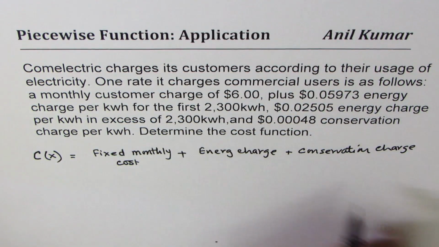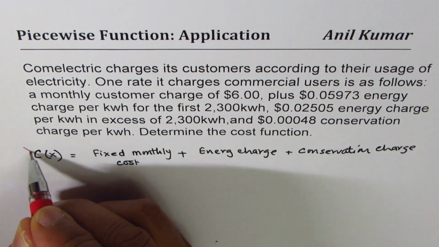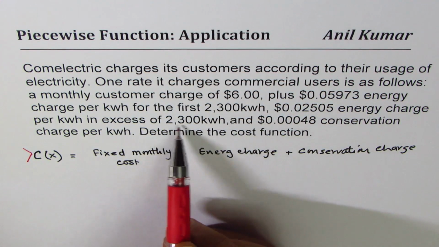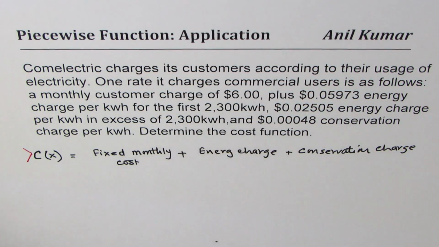So we have these three charges to consider, and we have two levels to consider, below 2300 and above. So it becomes a piecewise function.